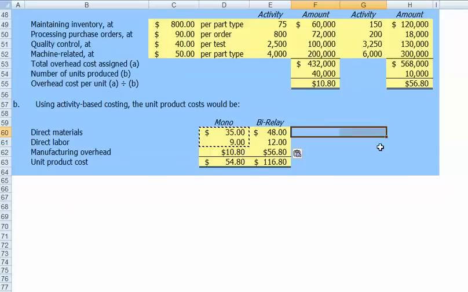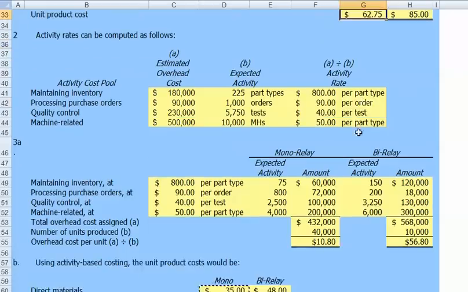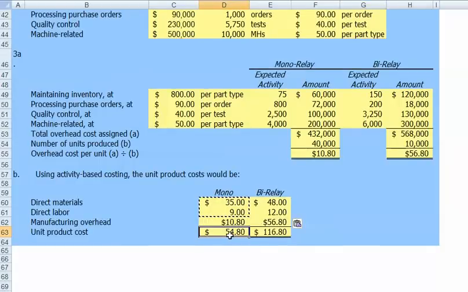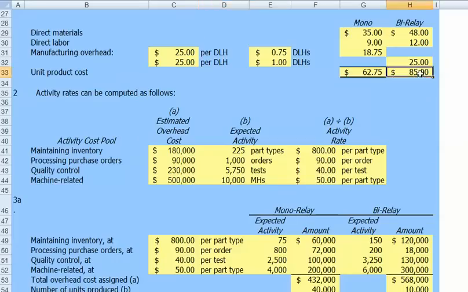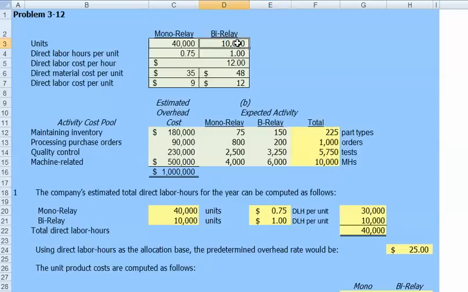Just a quick observation. Notice my cost per unit went from $62 for the mono down to $54, while the cost of the bi relay went up. It was $85 and it went to $116. Again, as the lecture notes and the book talk about, typically when we shift to an activity-based costing system, we will tend to shift costs from our high volume product to our low volume product, which in this case was our bi relay, only 10,000 units.